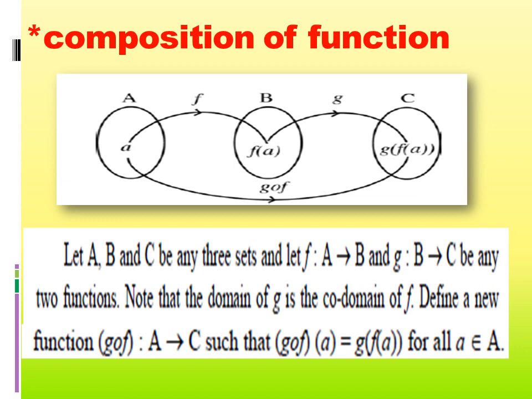Let f from A to B and g from B to C be two functions. Note that the domain of g is the codomain of f. From the diagram itself we know. Define a new function g composition f from A to C such that g composition f of a is equal to g of f of a for all a belongs to A.